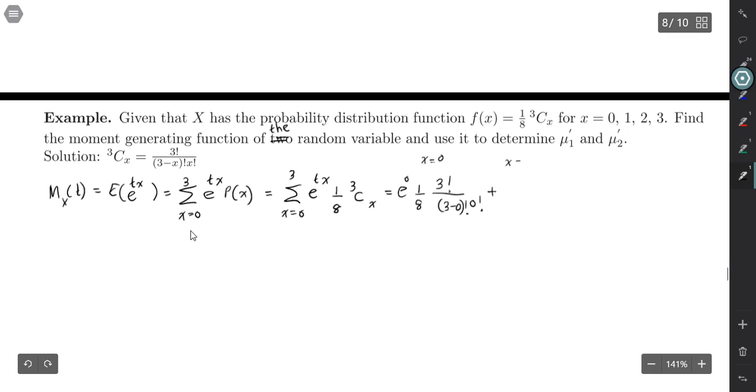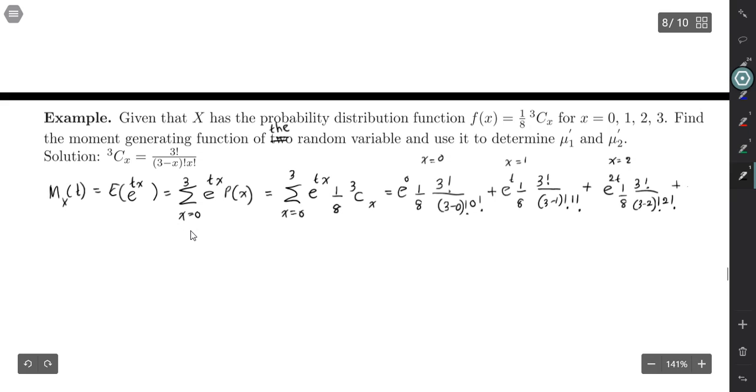Then we have x equals 1. We get e to the t, times 1/8, times 3 factorial over (3 minus 1) factorial times 1 factorial. When x is 2, e to the 2t times 1/8 times 3 factorial over (3 minus 2) factorial times 2 factorial.